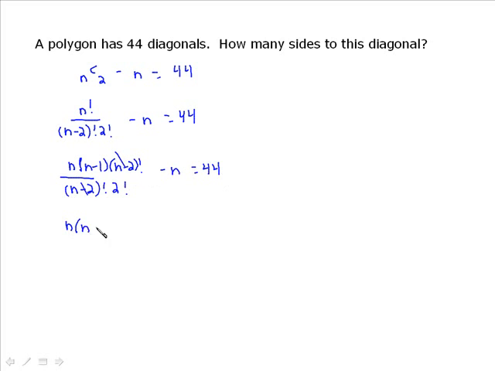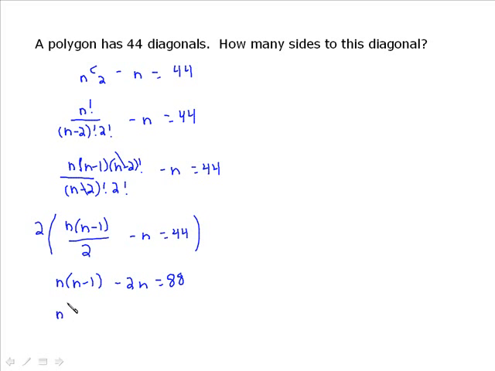We get n times n minus 1 over 2, minus n is equal to 44. And the only thing that's different about this question compared to earlier ones is the fact that we have that n term around. Now we multiply everything by 2, so we get n times n minus 1 minus 2n is equal to 88. And then we're in business.